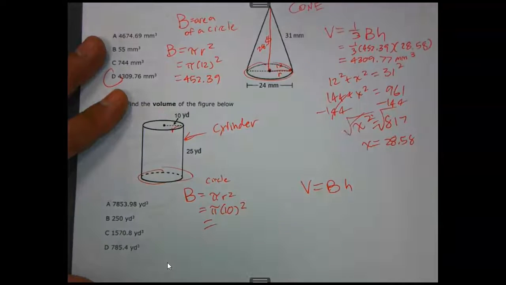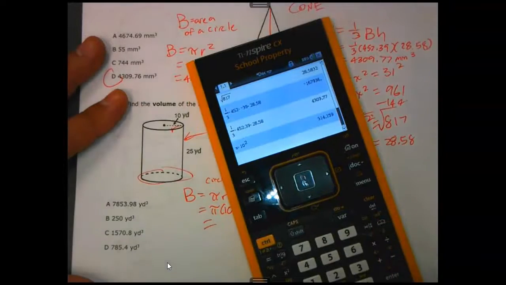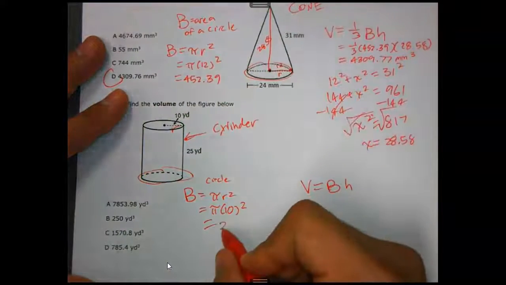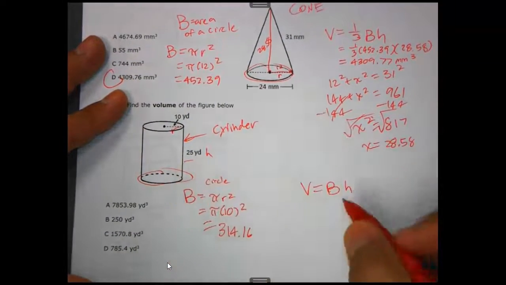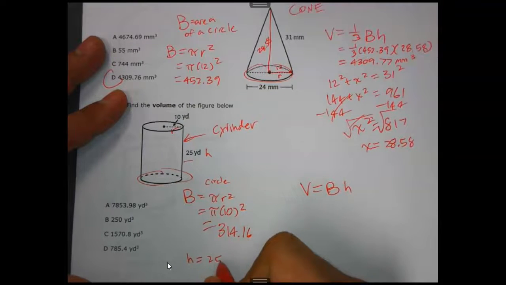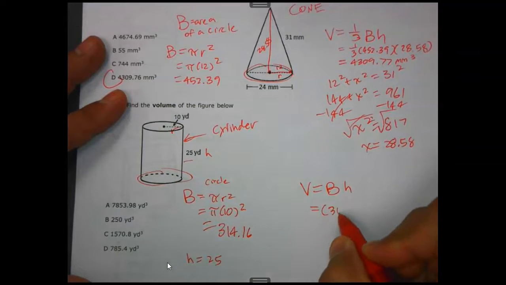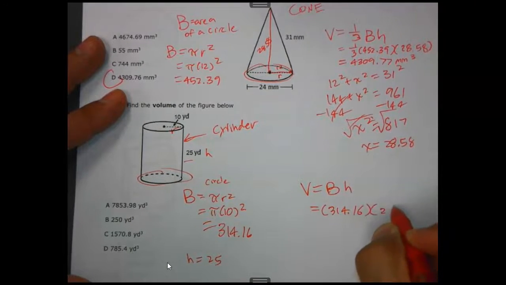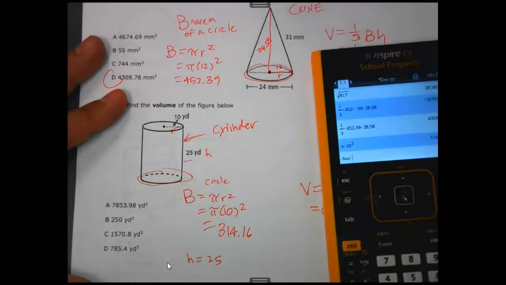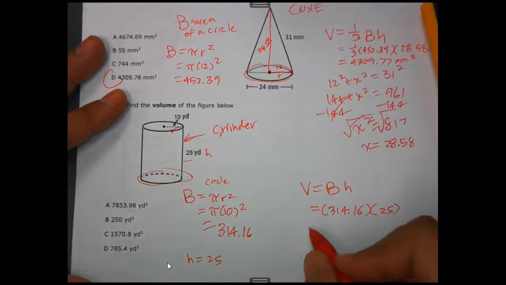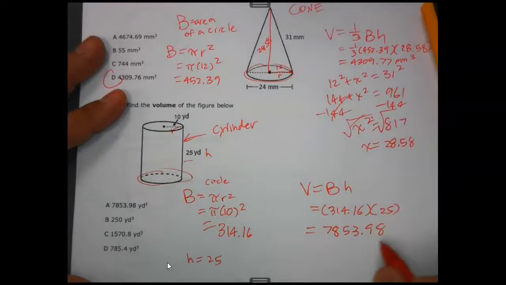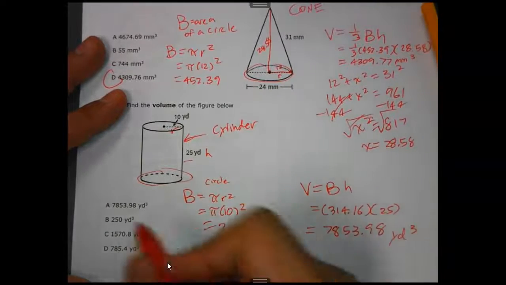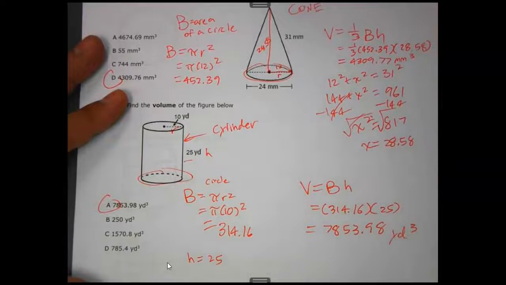If I type it in my calculator, I get 314.16. And then my height right here is 25. So all I got to do is 314.16 times 25. And I get 77,853.98 yards cubed, because we're talking about volume. Volume is cubed. All right, more.